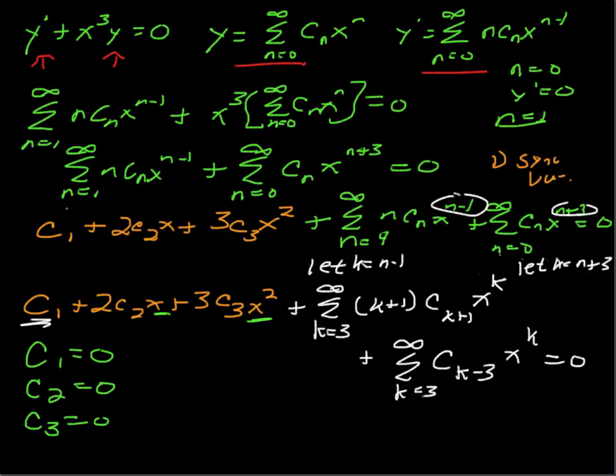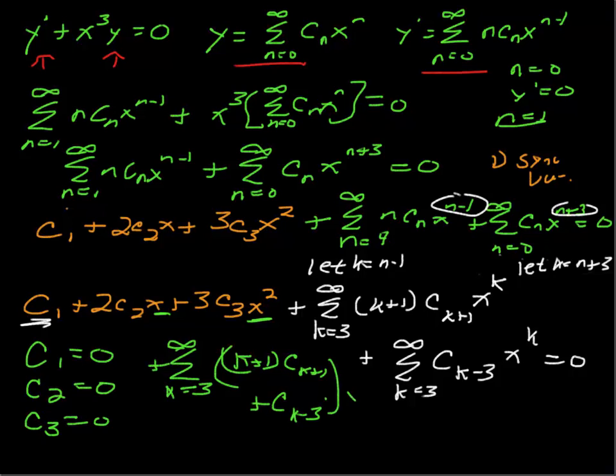So since we can put these two together, we have plus the sum from k equals 3 to infinity of (k plus 1) c sub k plus 1, plus c sub k minus 3, and then this is all being multiplied by x to the k, and this whole thing is equal to 0.